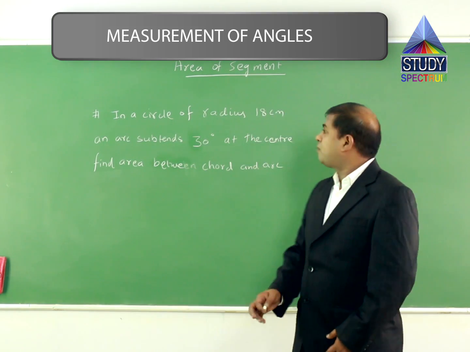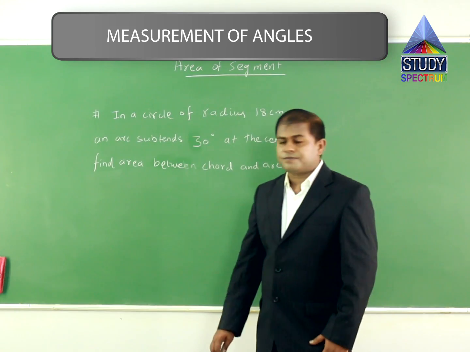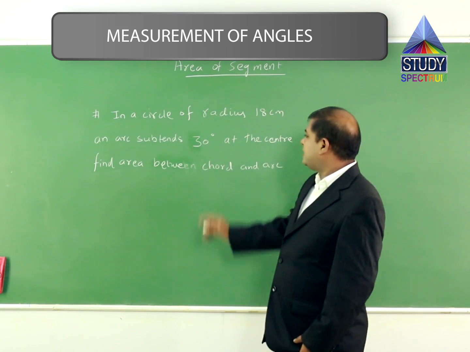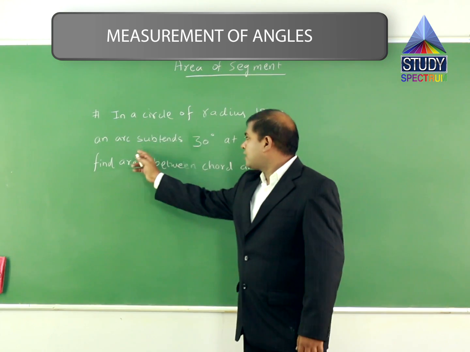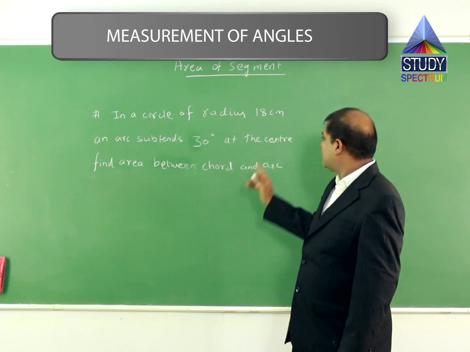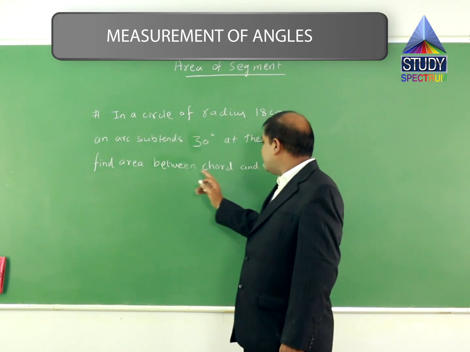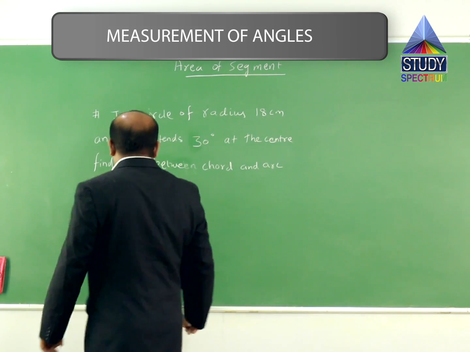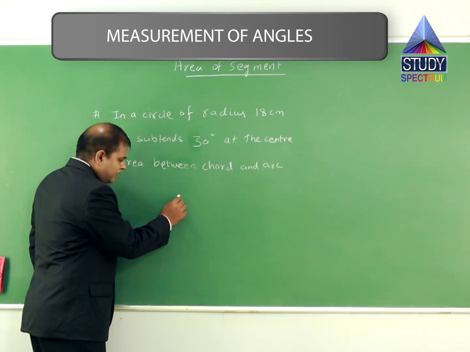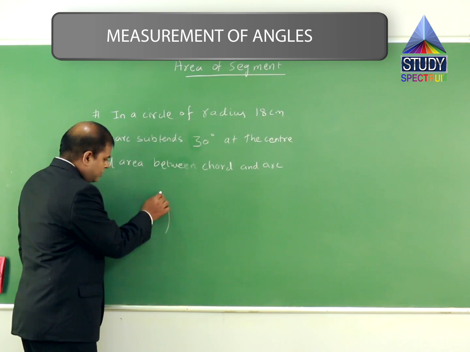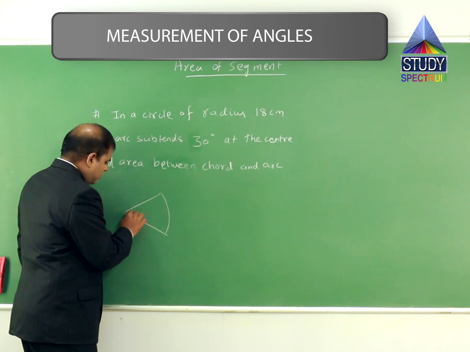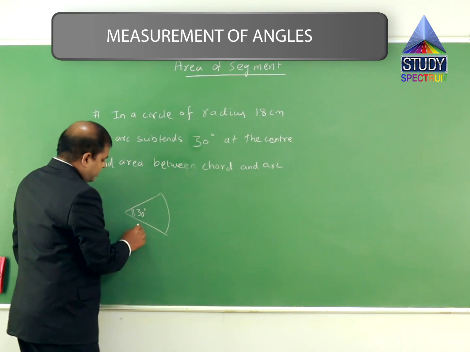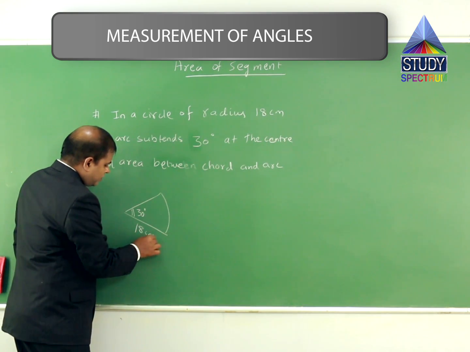So let us solve a problem based on the area of a segment. I've written a question here. In a circle of radius 18 centimeter, an arc subtends 30 degrees at the center. Find the area between the chord and the arc. I'll draw a supporting figure here. There's a circle in which there's an arc, the measure of which is 30 degrees, and the radius is 18 centimeter.